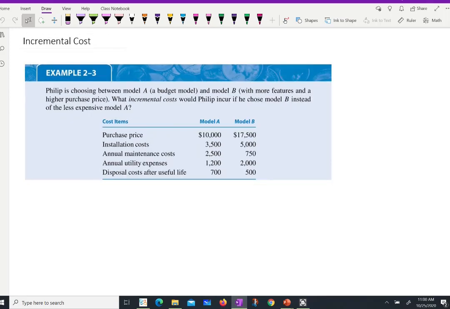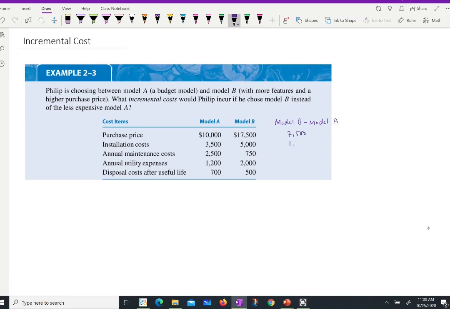Firstly, we need to compare the differences between model A and model B for every particular cost item. Here we know that model B is more expensive than model A, so we put cost for model B minus model A. It depends on which cost is more expensive. So model B minus model A, for the purchase price, the difference is about 7,500.